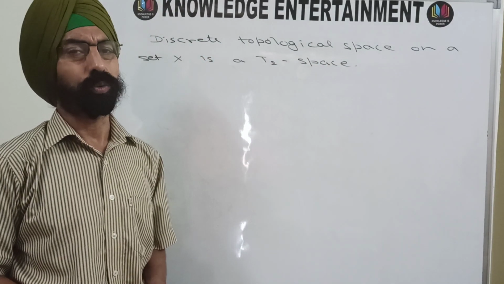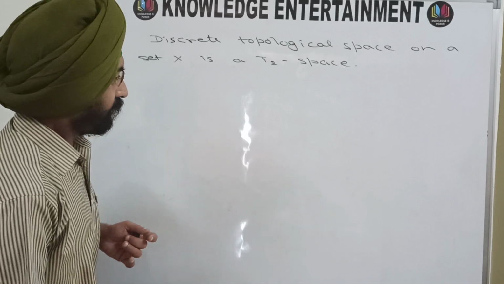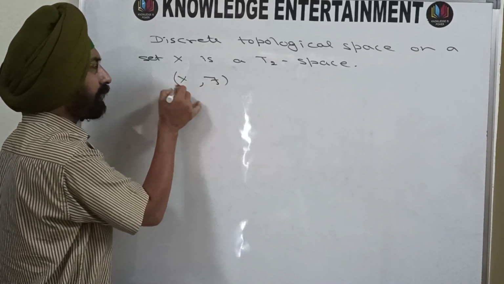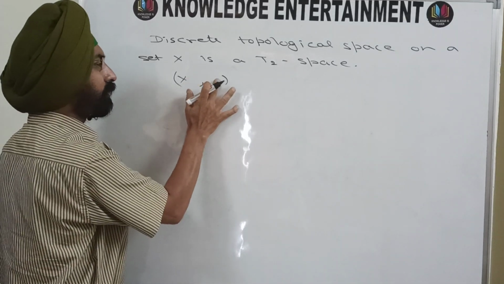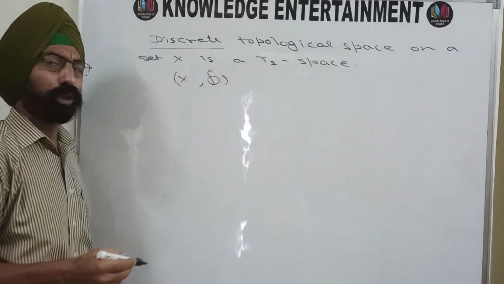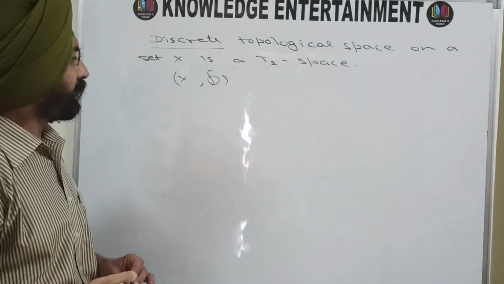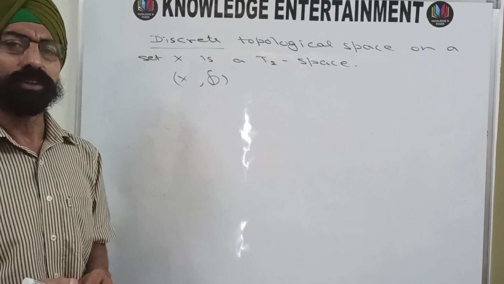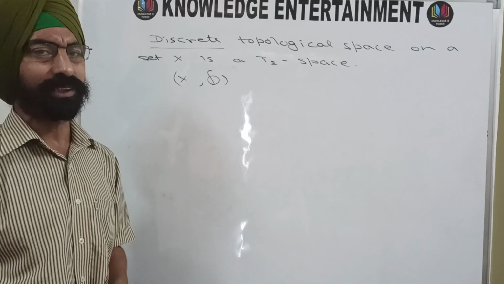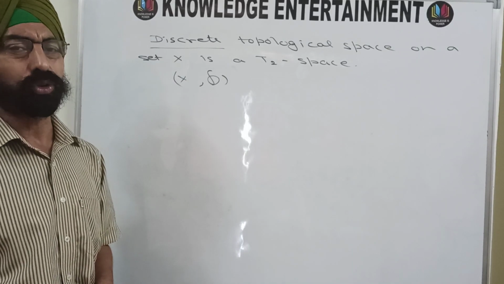Now we will show how. So let X be the set and tau be the topology. I'll denote this tau by D as I'm talking about the discrete topology. So now we will prove that this topological space is a T2 space, a Hausdorff space.